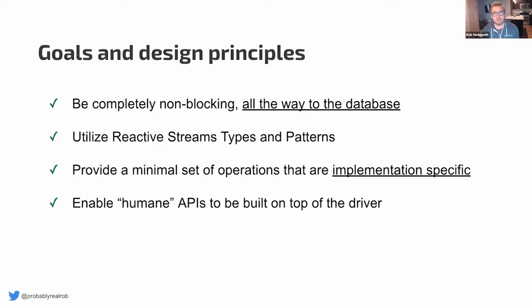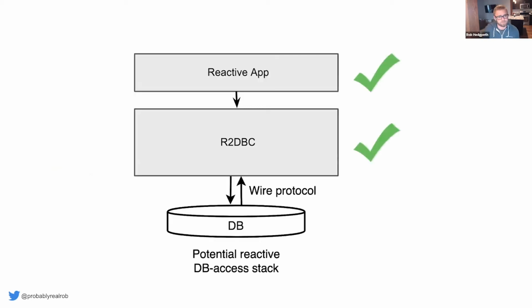This is taken directly from the documentation for R2DBC, but essentially what that means is allowing abstractions or libraries to be created so that you can use those more easily with the R2DBC drivers underneath.